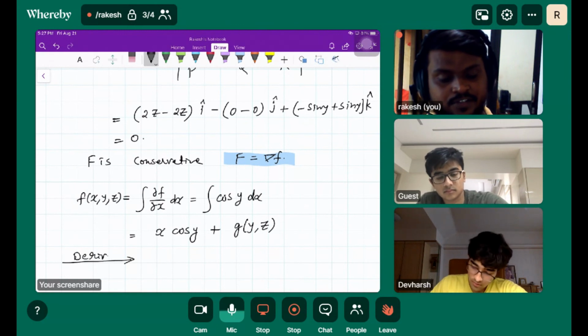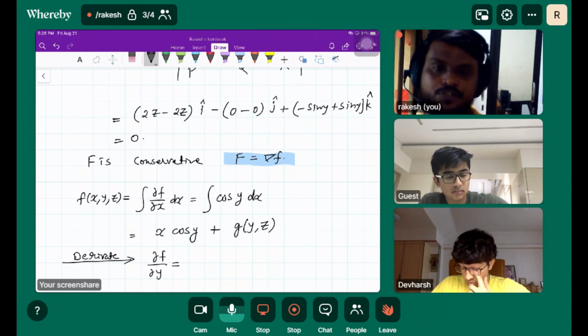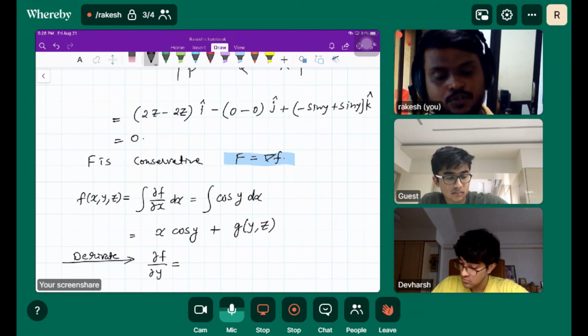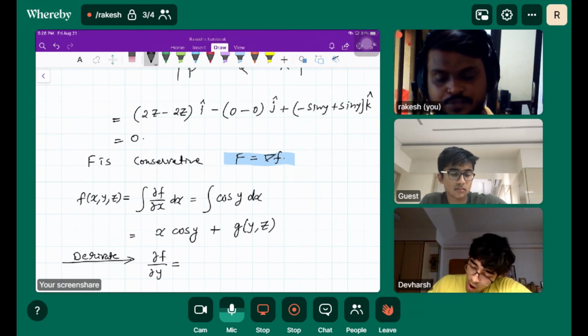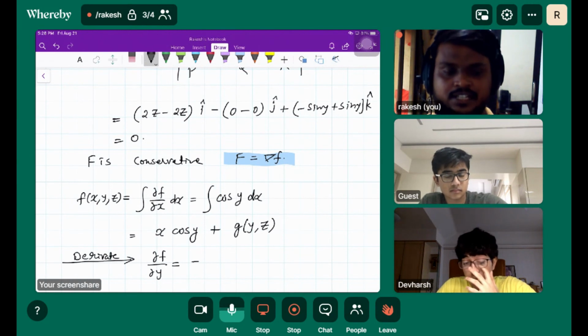We find out the derivative with respect to y, and then that will help us to equate this with the given partial derivative. So what is the partial derivative of this function with respect to y? Minus x sin y. Derivative of cos y is minus sin y.